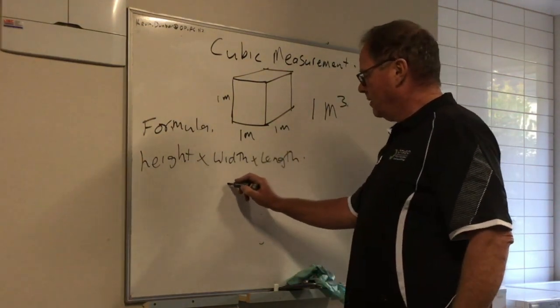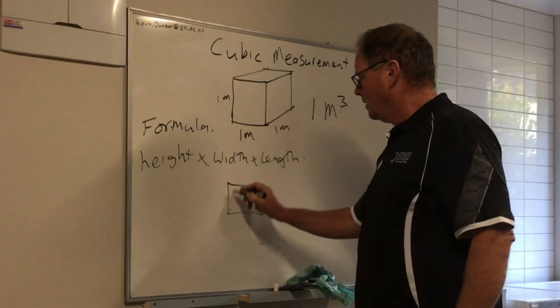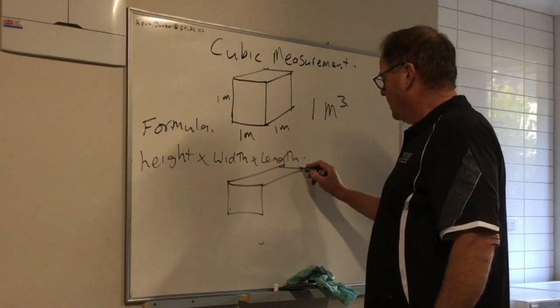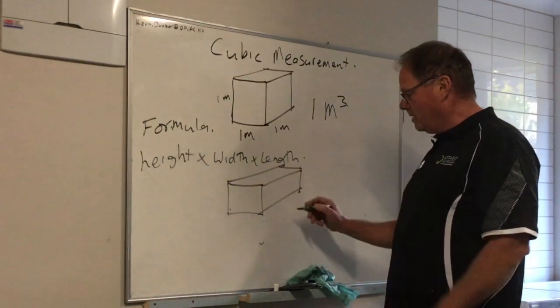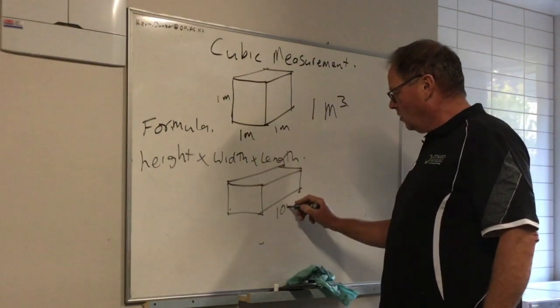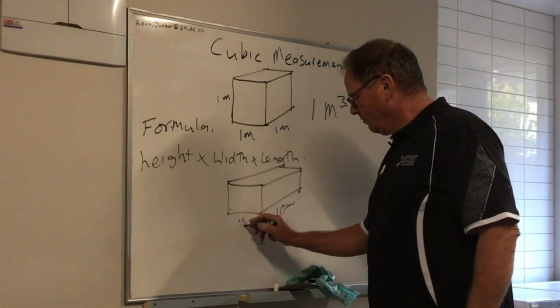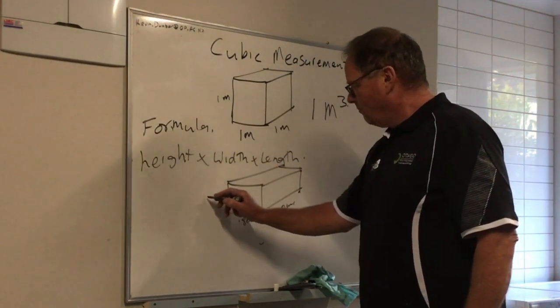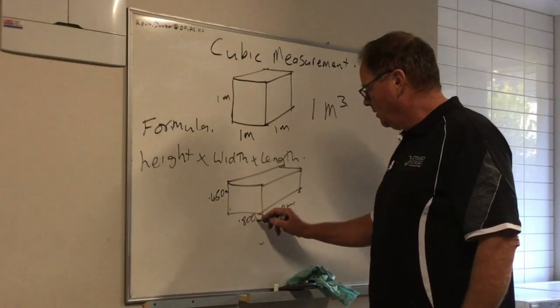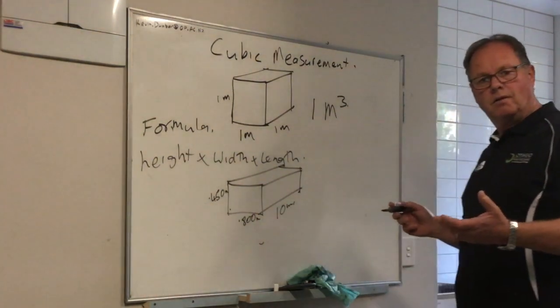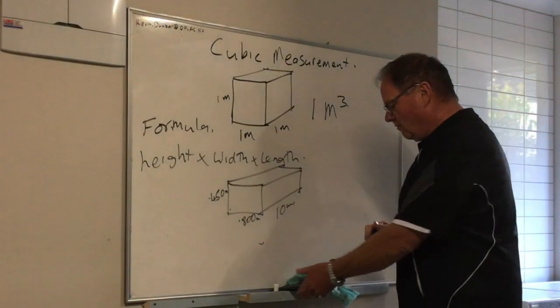If we had a shape like this, like a nice long beam, and it's 10 metres long, 0.8 of a metre wide, 0.45 of a metre high. That's what we've been given. We've got to work out how much concrete we need for that.